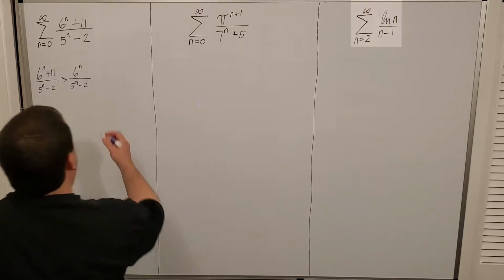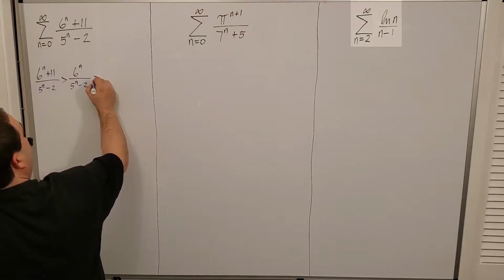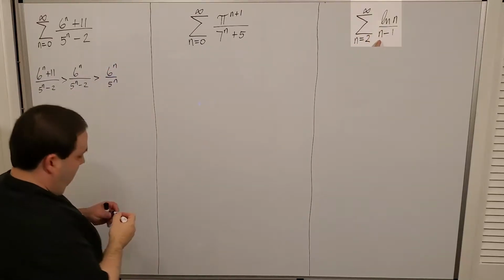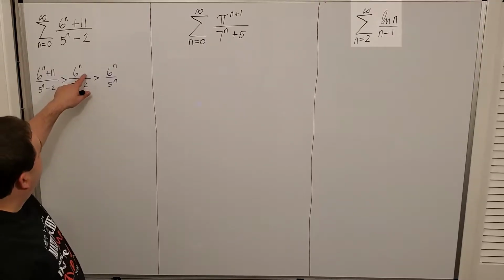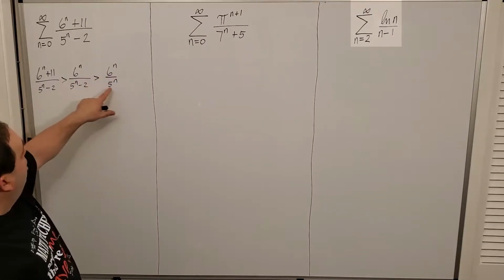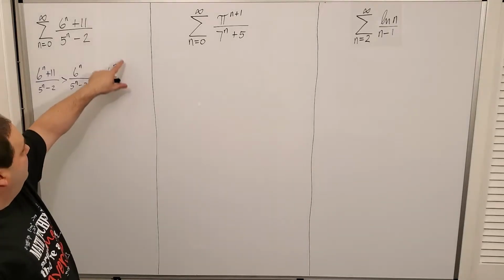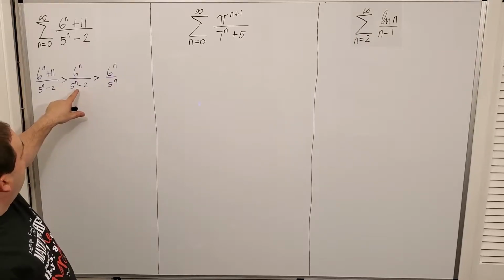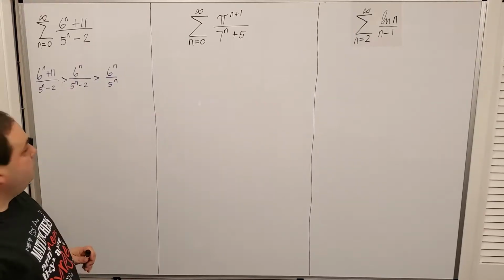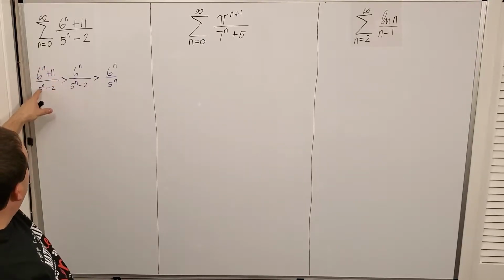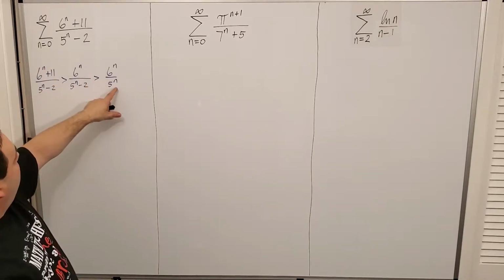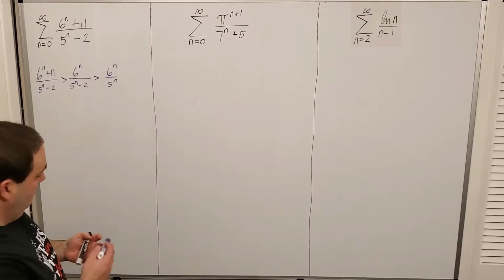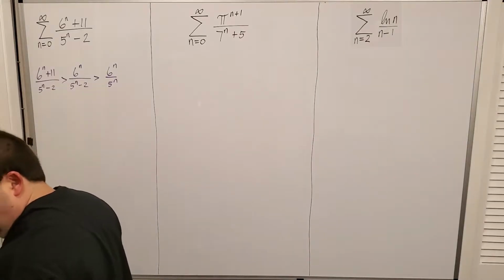Then vice versa, I know that this fraction is going to be greater than 6 to the n over 5 to the n, for similar reasons. If I have the same numerator but a larger denominator, then the value is going to get smaller. 5 to the n is slightly larger than 5 to the n minus 2. So obviously this fraction is going to be greater than this fraction through the transitive property. But let's go ahead and fully prove it.